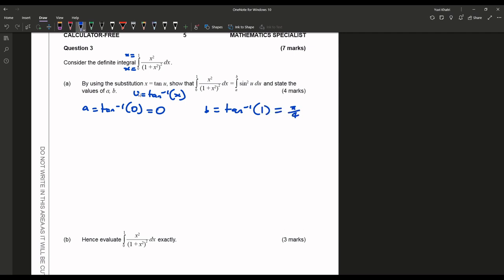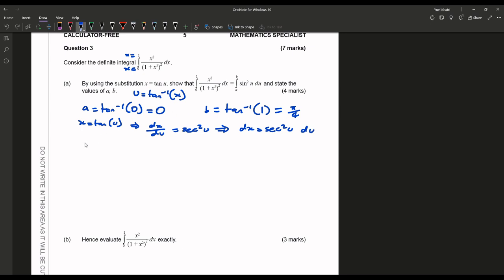There's a and b. And now we need to substitute everything. So if x equals tan of u, then dx du equals secant squared u, and from there we get dx equals secant squared u du.